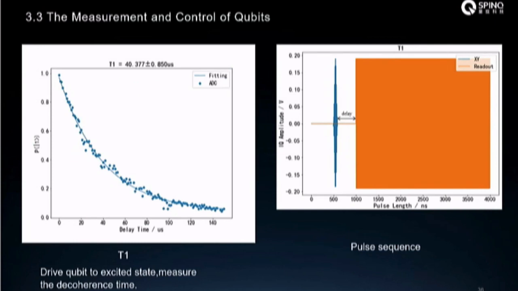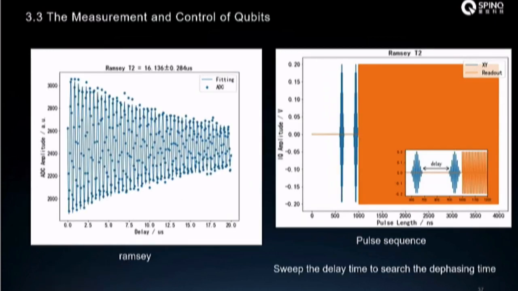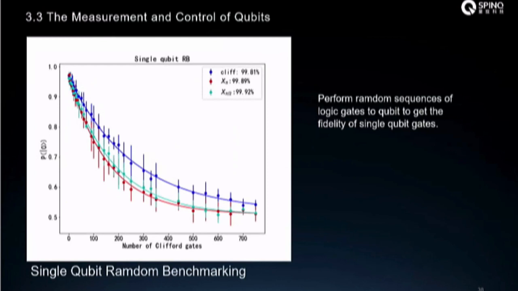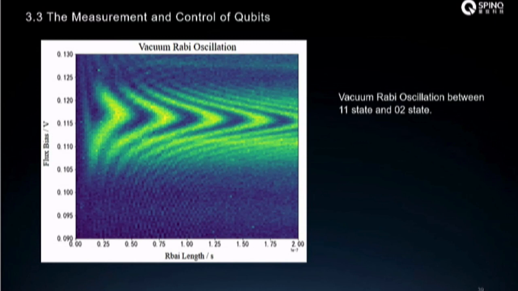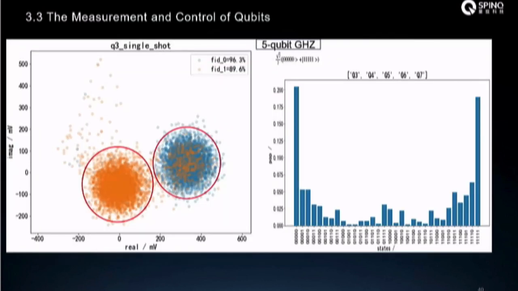After that, we can measure some parameters like T1, T2, and the single qubit fidelity. After some complex 2-qubit experiments, we can run our quantum algorithm like the Zhou algorithm or the GSA algorithm in the end.